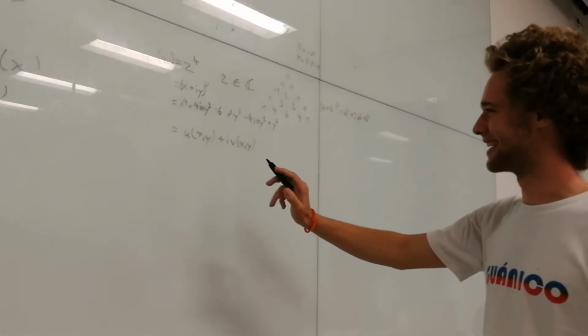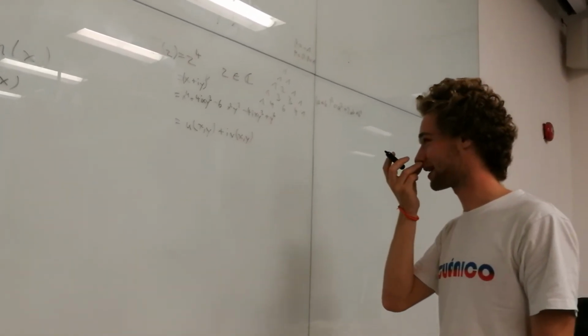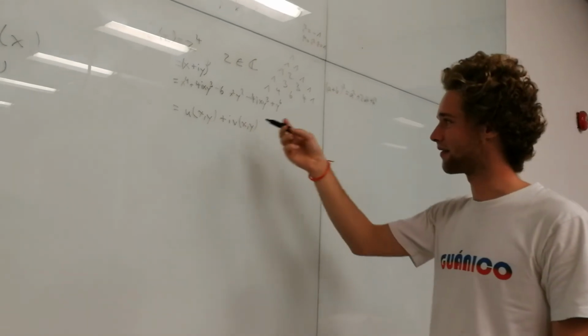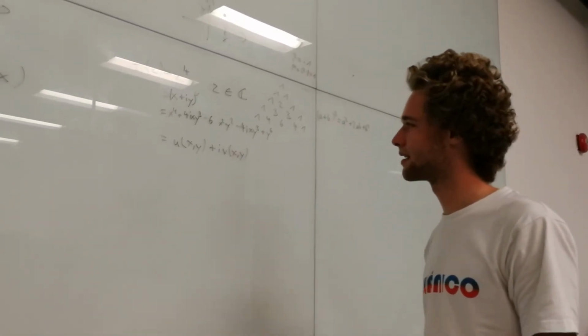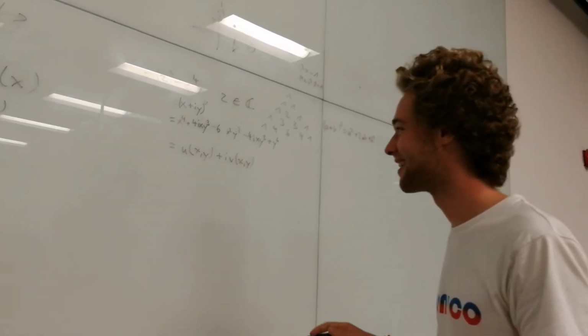Then we can derive this in terms of x, in terms of y, and then we can derive this in terms of x and y. So then you can prove some stuff and you can go to the lecture and hear all about that.